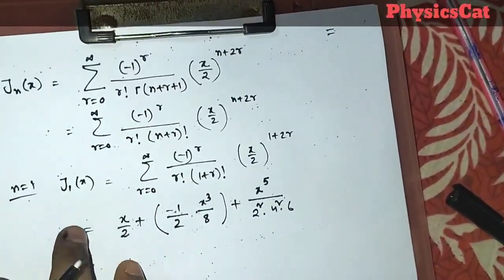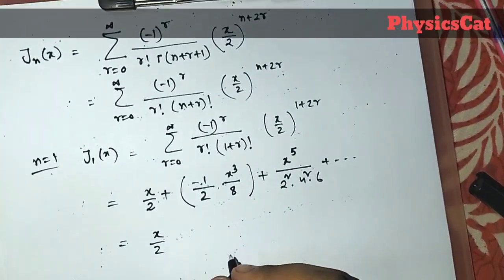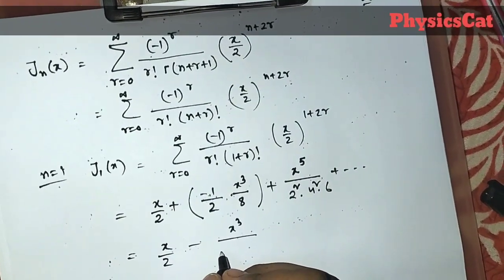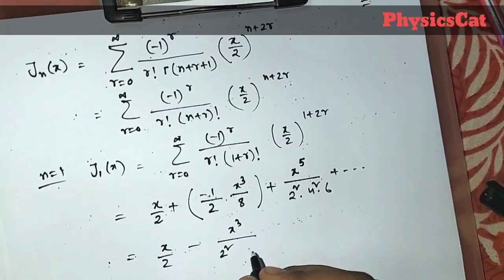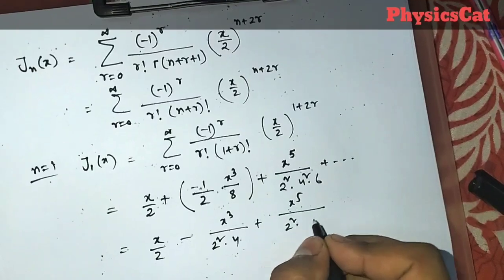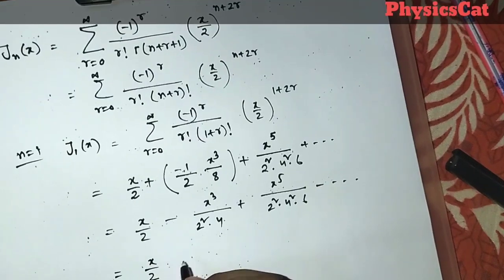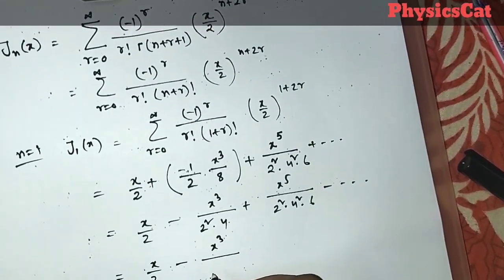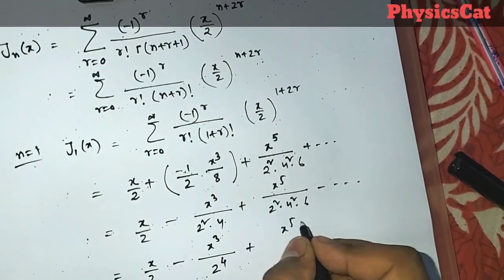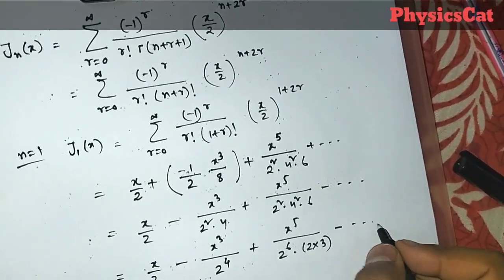Now you can write x/2 minus x cubed over 2 to the power 2 into 4, plus x to the power 5 over 2 squared into 4 squared into 6, minus and so on. From here you will get x/2 minus x cubed over 2 to the power 4, plus x to the power 5 over 2 to the power 6 into 2 into 3, minus and so on.